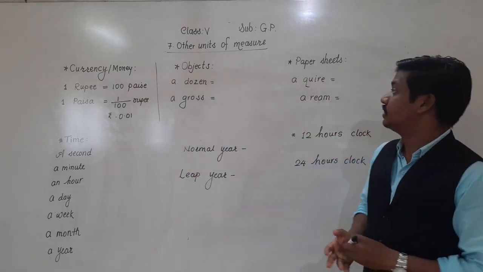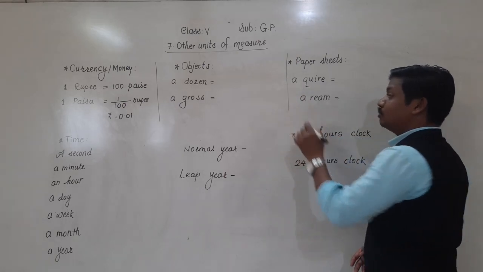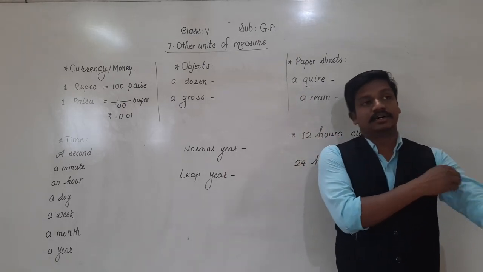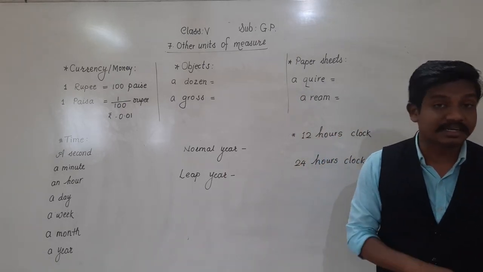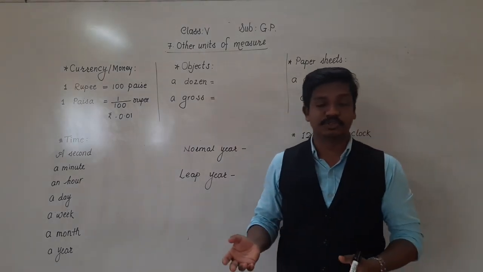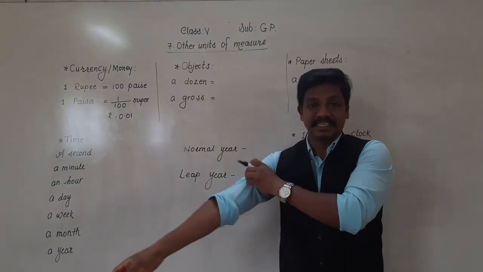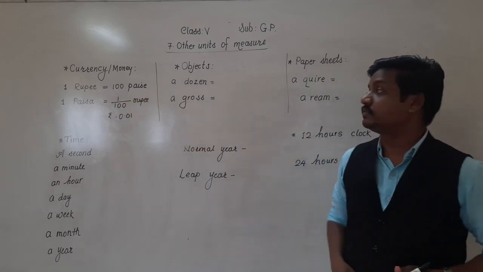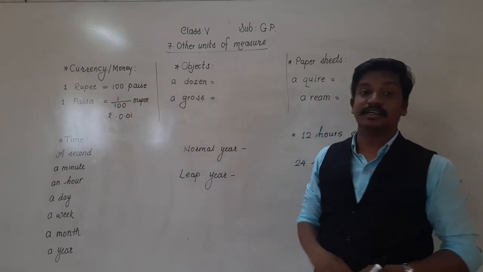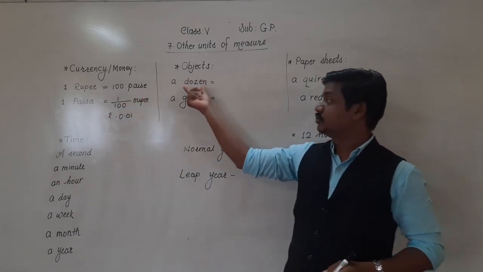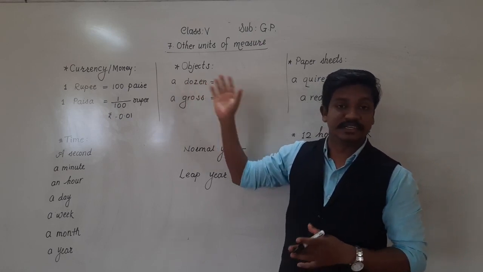Then, when we have to count some objects like articles, number of bananas, number of apples, number of mangoes, at that time which unit do we use? We use dozen. You have heard this word.